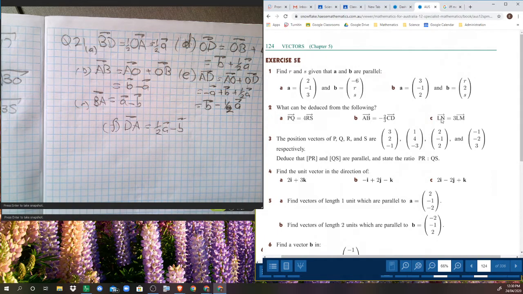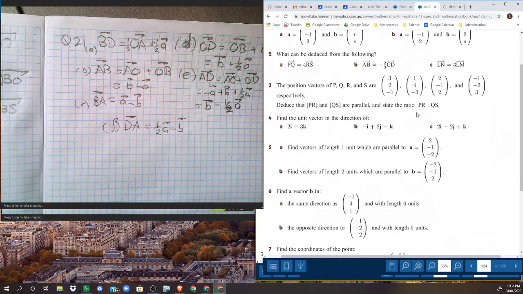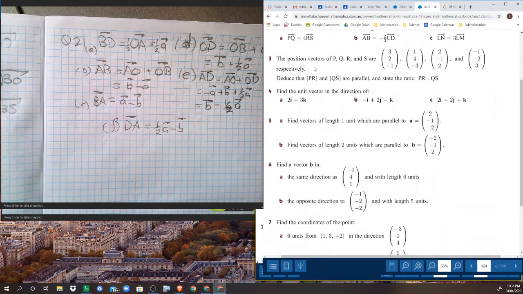So if you had a vector, you have L, then you have N, then double that length again, you've got M. I'm sure we'll come to problems like that in a minute. But these are collinear because they share the point L. Right, direction vectors, PQ, position vectors rather.